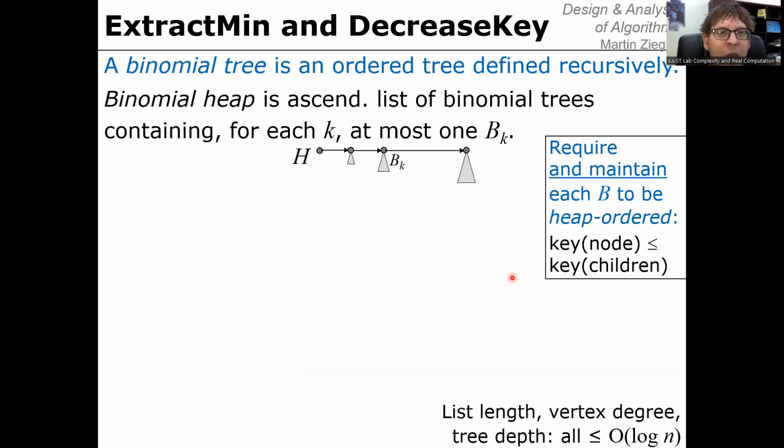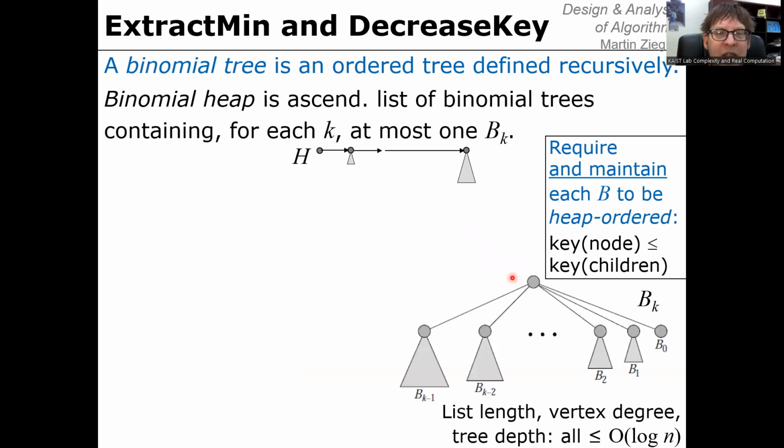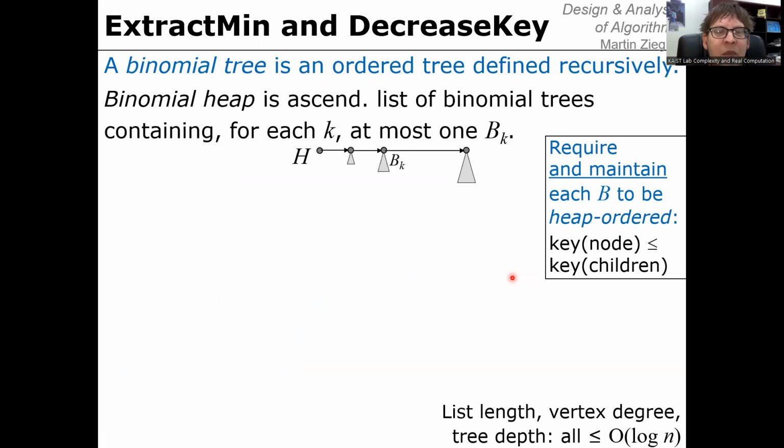So let's do that: ExtractMin and DecreaseKey. You may have noticed that pedagogically speaking, we're really kind of climbing up from very simple to more and more difficult. That's on purpose.